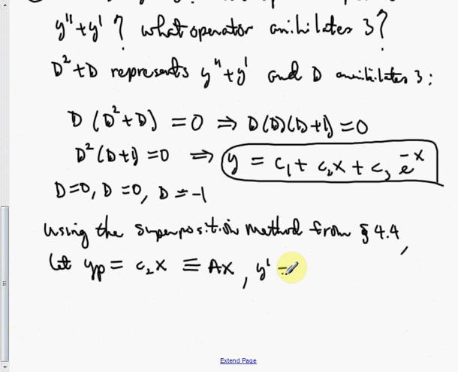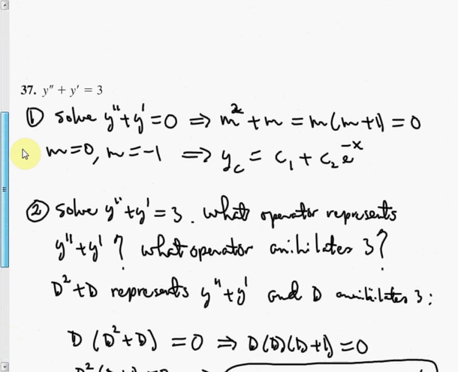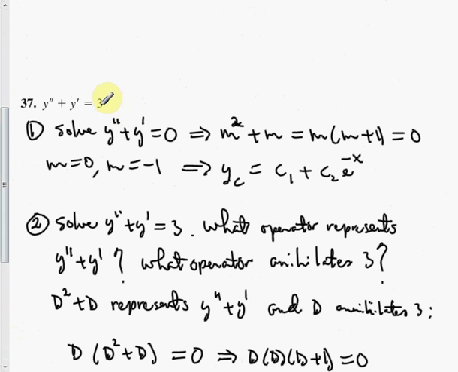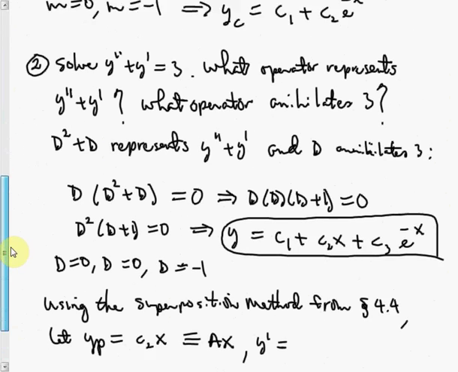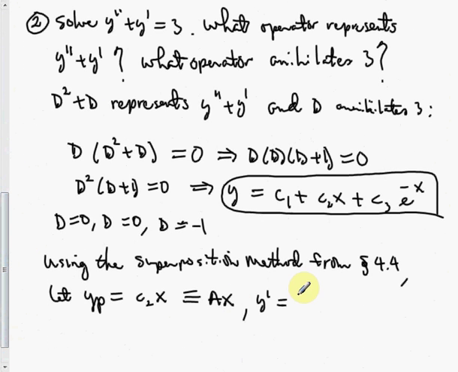It's not linear to be ax plus b, because remember this g of x was just 3. It was just a constant. So the next term up for the repeat would be a times x. So y prime here is a, y double prime is 0.